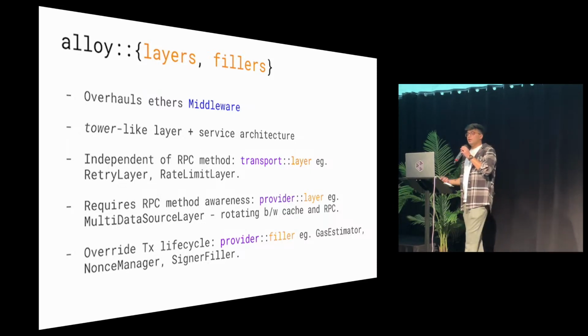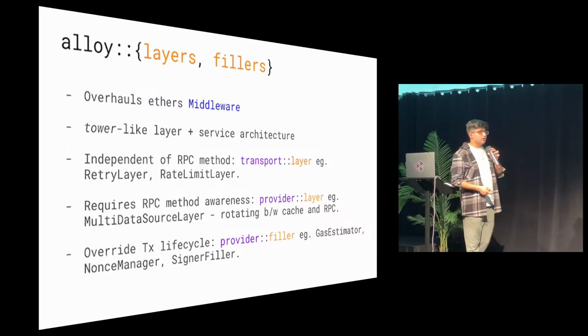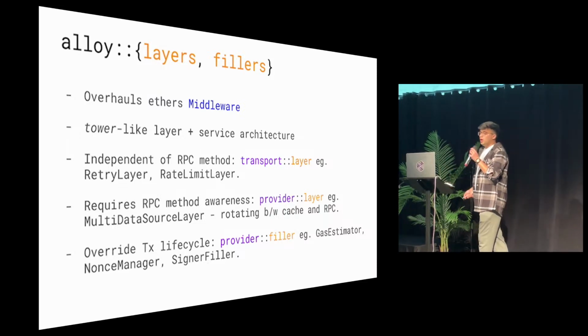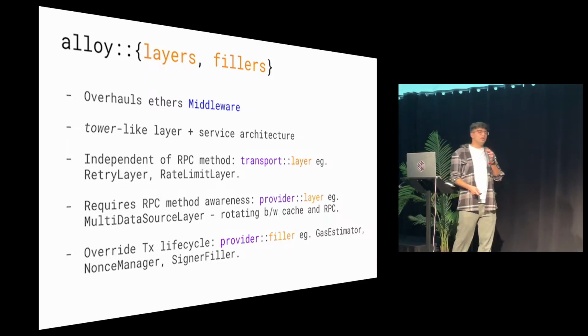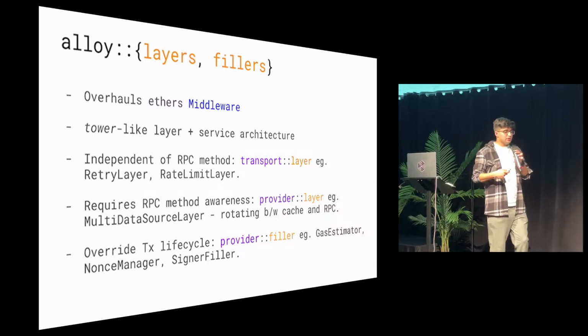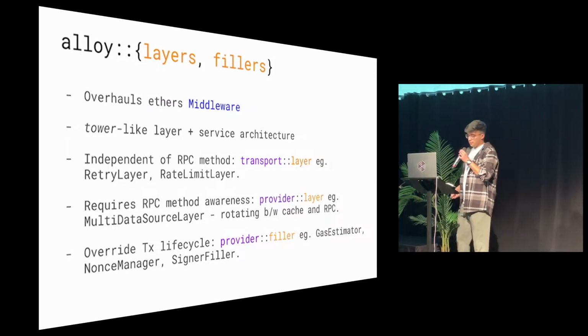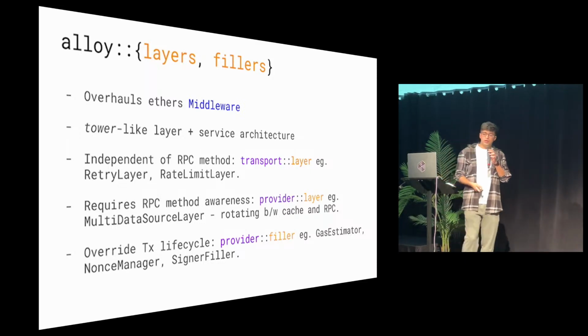If you want to write a layer that's independent of the RPC method you're calling, something like a retry layer or a rate limit layer, a cache layer that caches all your responses, or simply a logging layer which just logs the serialized requests and responses that you send and receive, you'll write a transport layer implementation.